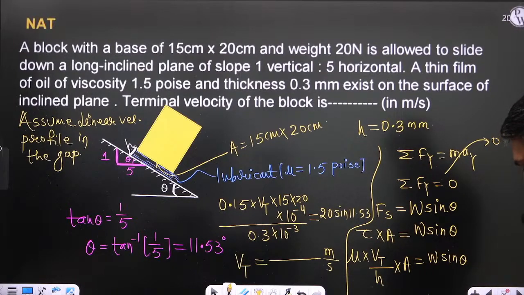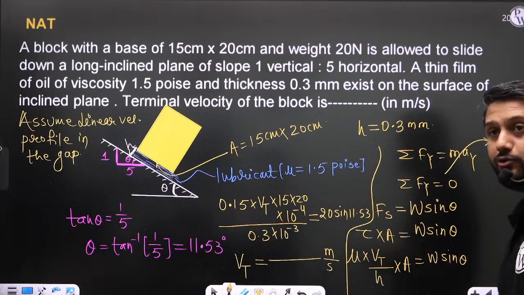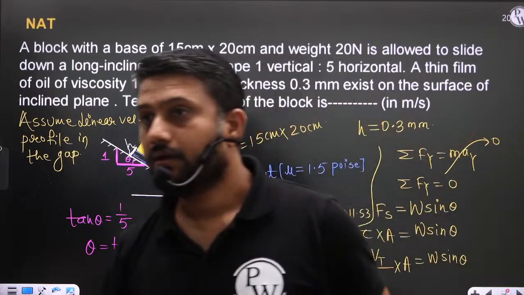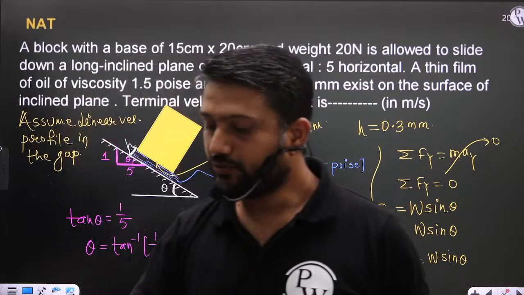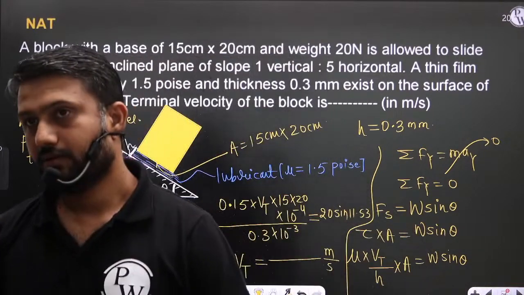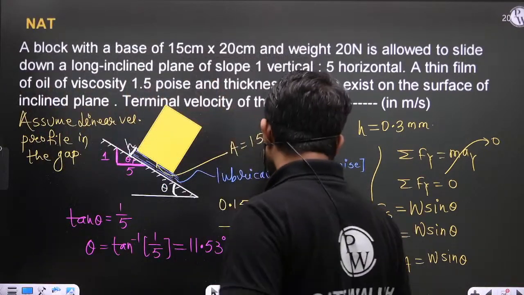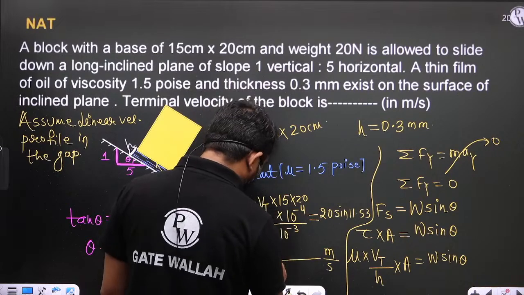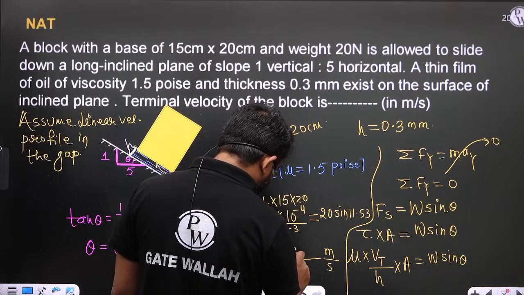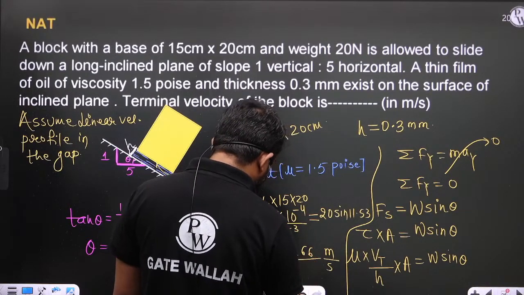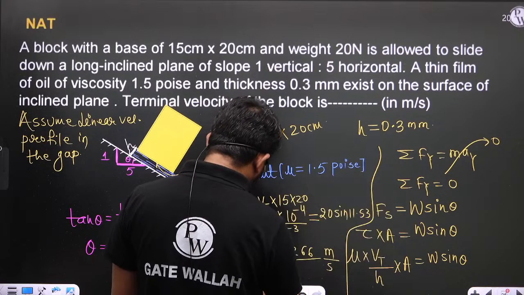And the answer is divided by 0.15 into 15 into 20. This comes to 0.266 meter per second.